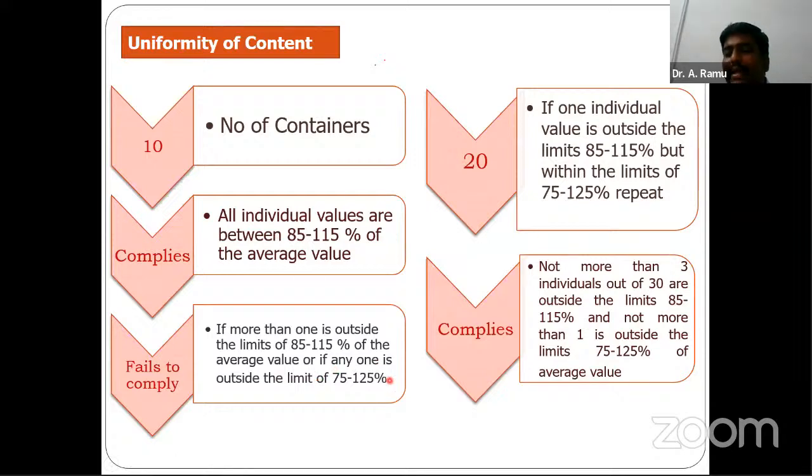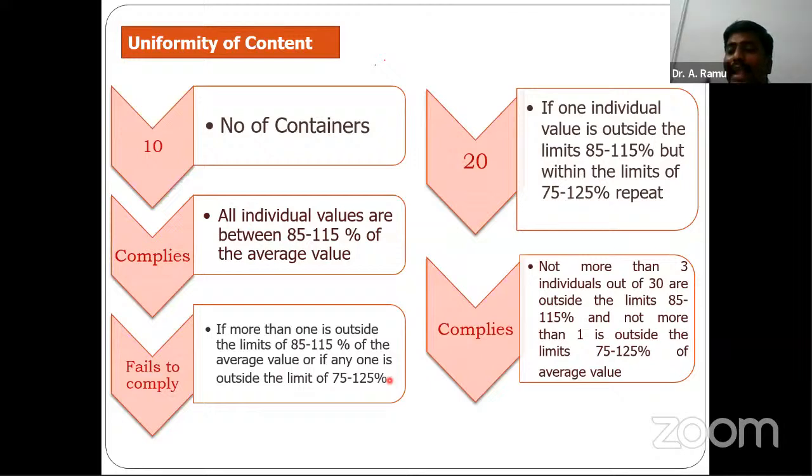Out of 10 that are selected for determining the uniformity of content, if any value is less than 75% or greater than 125%, or more than one is less than 85 or greater than 115%, it fails to comply with the test. So if all are within the limits, it passes. If more than one is outside the limit, it fails. If any one is less than 75 or greater than 125, it fails to comply with uniformity of content test.